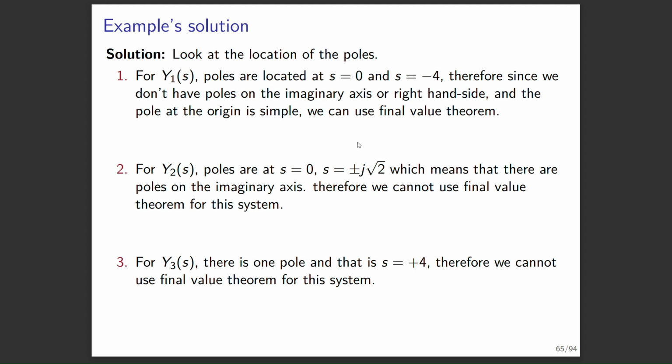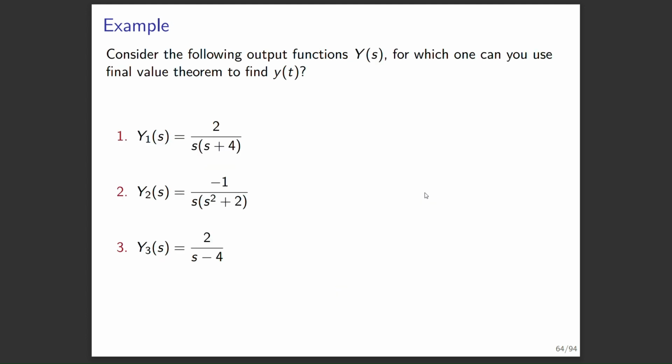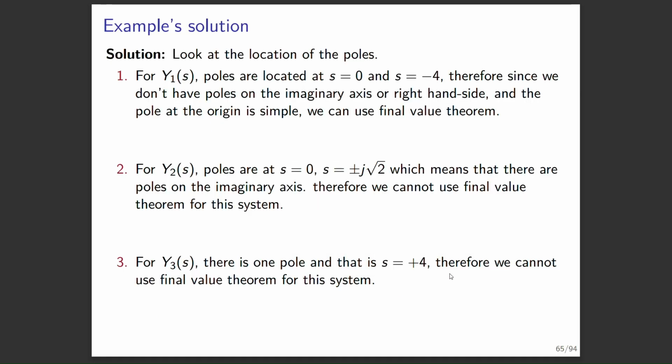These poles are on the j omega axis. These are purely imaginary numbers, which means that they are not allowed. So I cannot apply final value theorem to this system. For the third one, there is one pole, and that is at positive 4. Therefore, we cannot use final value theorem for this system.